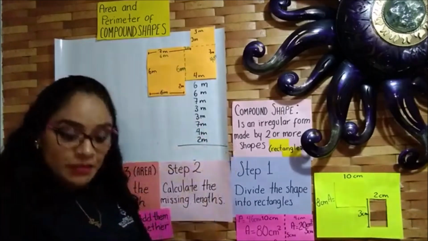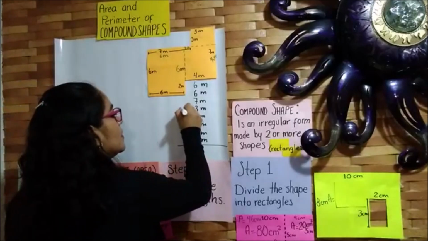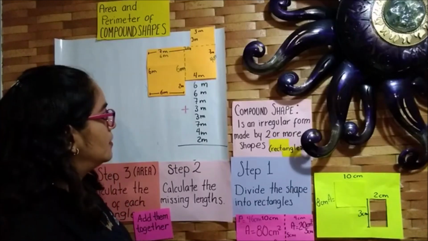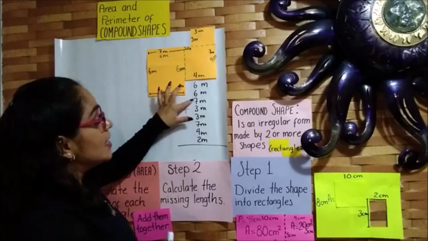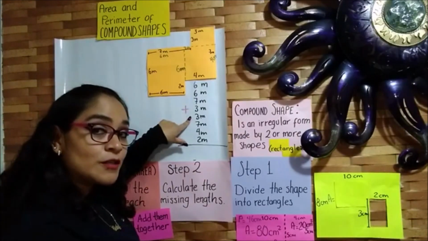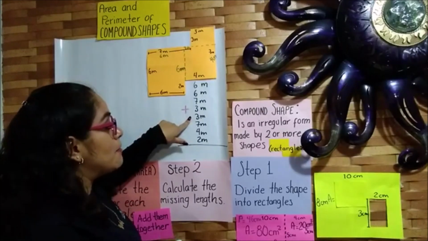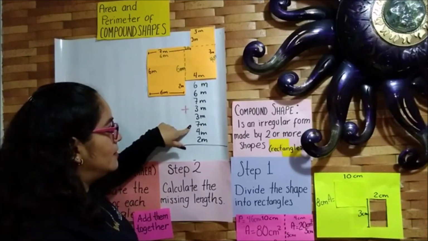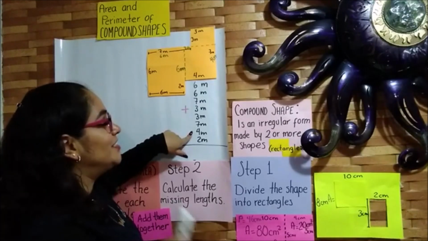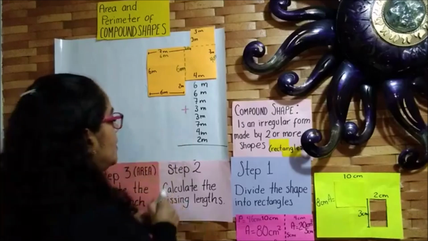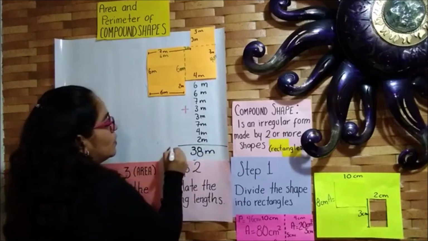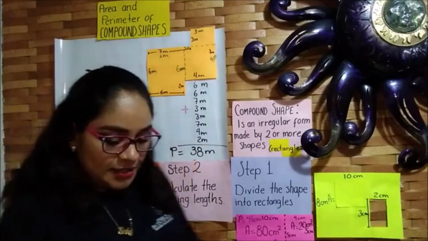Okay, it's time to add them together. 6 plus 6 equals 12, plus 7 equals 19, plus 3, 22, plus 3, 25, plus 7, 32, plus 4, 36, plus 2, 38 meters. So our perimeter equals 38 meters.